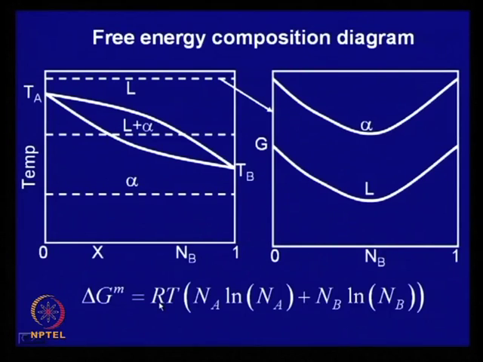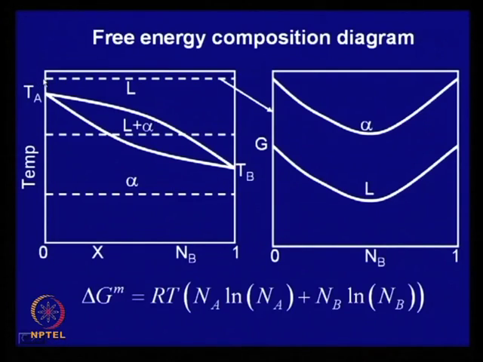R is the universal gas constant, T is the temperature, N_A is the atom fraction of A, and this is N_A ln N_A plus N_B ln N_B. Let us consider this is any solution, whether liquid or solid, this relation will be valid if the solution is ideal.